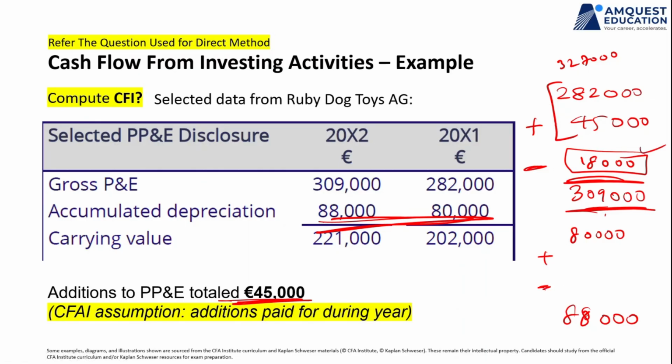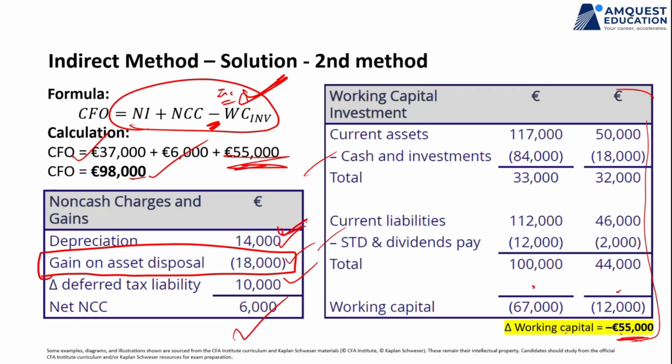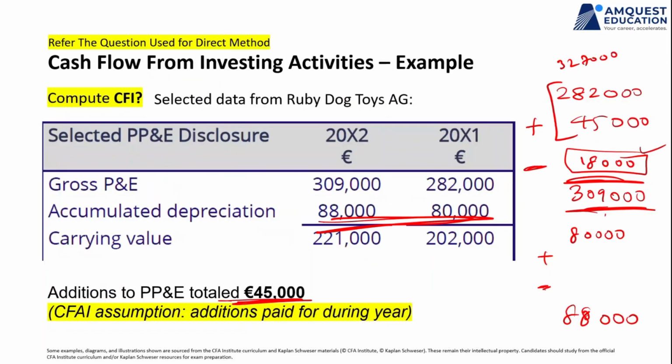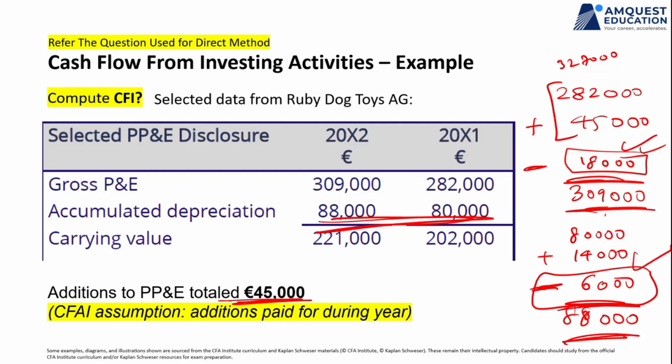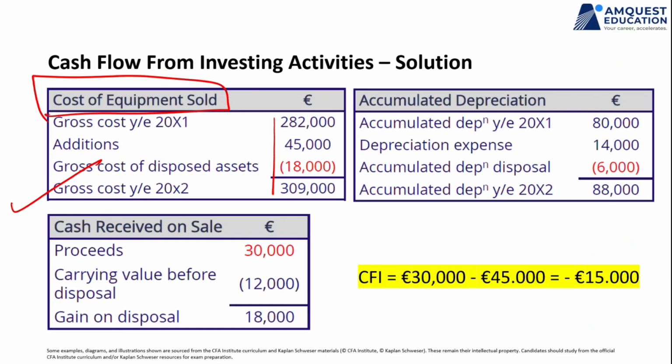So 80,000 plus 14,000, but I'm only ending with 88,000, which means 6,000 was the depreciation associated with the asset that was sold. So accumulated depreciation is 80 plus depreciation expense for the year 14 minus accumulated depreciation of the disposal asset.